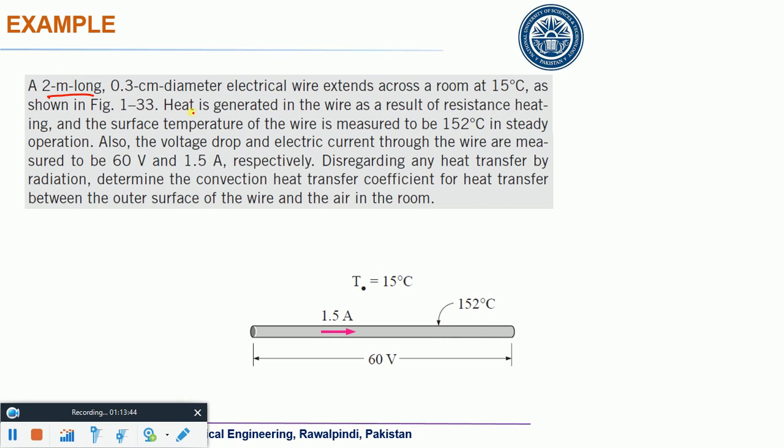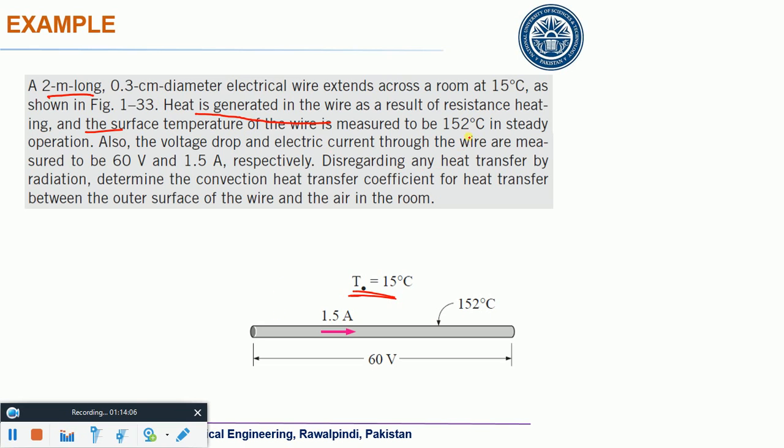A 2 meter long, 0.3 centimeter diameter electrical wire extends across a room at 15 degrees centigrade, as shown in this figure. Heat is generated in the wire as a result of resistance heating. Obviously it is a resistor wire, so it would heat up.